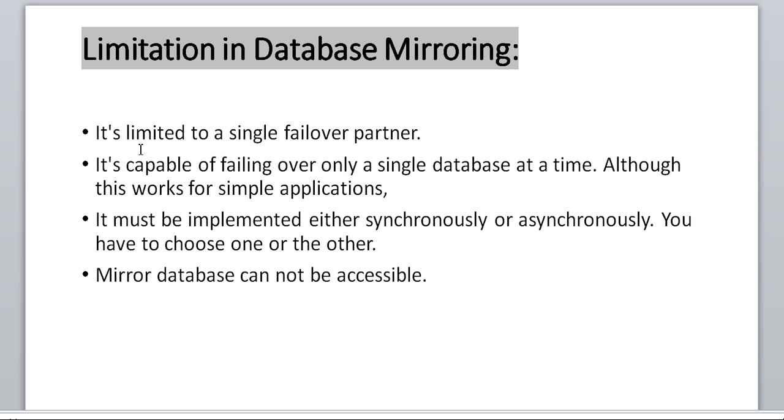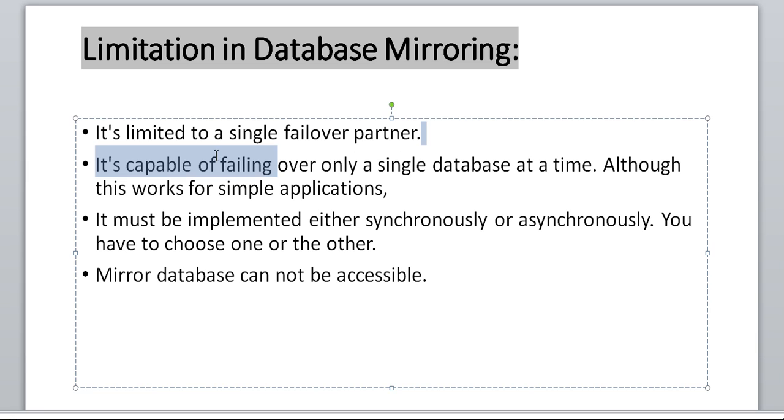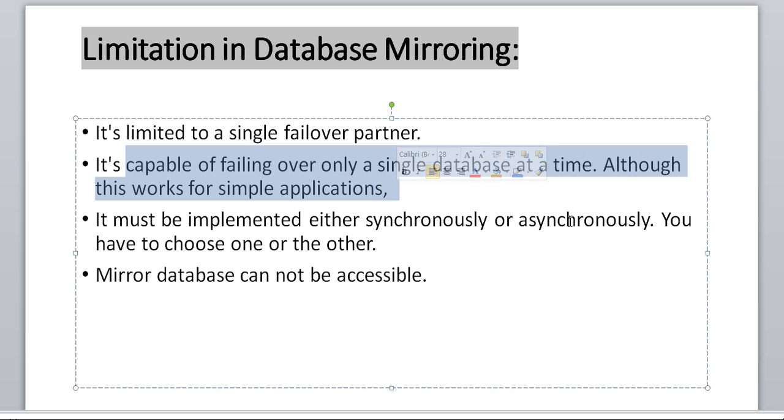If you see the bullet points here, database mirroring is limited to a single failover partner, and it's capable of failing over only a single database at a time. Although this worked for a simple application, it's a one-to-one configuration.